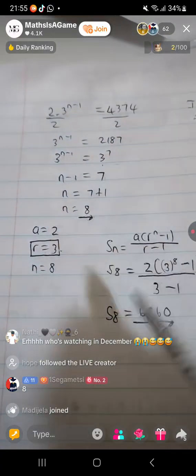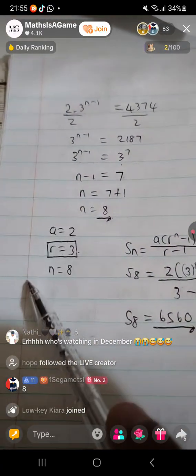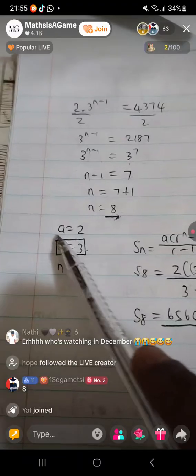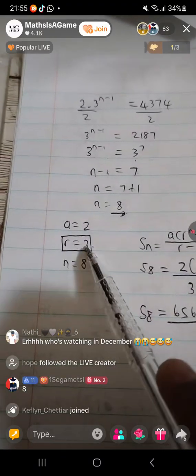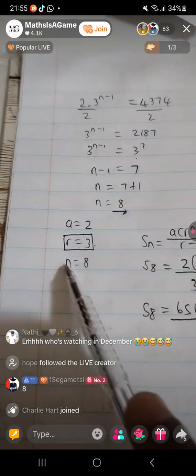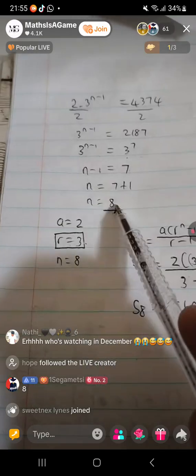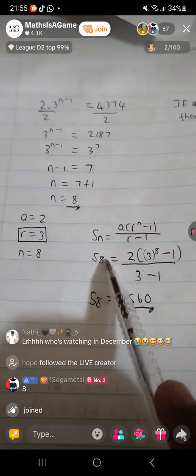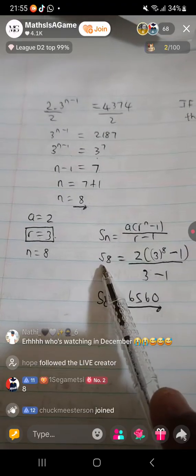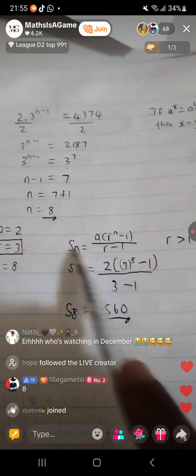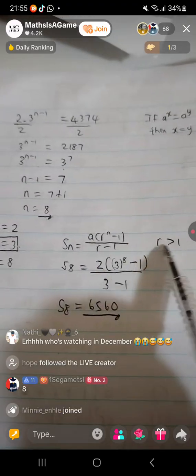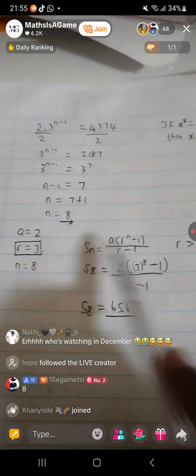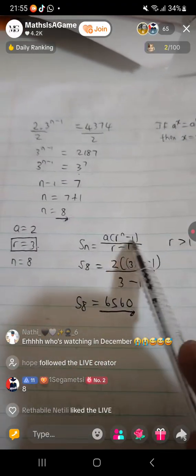So after that, I took now the updated information. A is equal to 2, I knew that. R is equal to 3, I knew that too. N is equal to 8. This is what I've just found, because the number of terms is 8. I use this formula specifically because it is used whenever my R value is greater than 1.